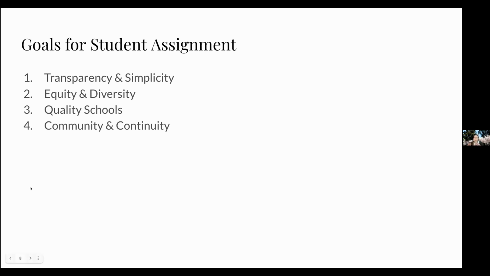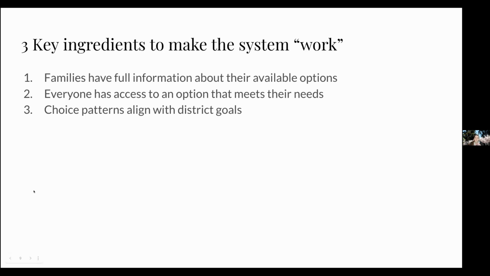But in particular around preferences, there are three things that need to happen in order for the system to meet these goals. The first is that families need to have full information about the available schools so that they can form their preference list. The second is that everybody needs access to an option that meets their needs. The system basically assumes that the best case scenario is if everybody was assigned their first choice.